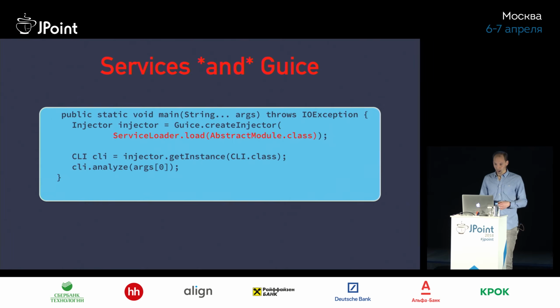And this way, we can change our bootstrapping code, in this case of the CLI module, to instead of directly referring to this common module and concate module, to actually call service loader load and say, okay, give me everything that implements this abstract module type of Juice, and use that to create the injector. And this way, we now finally have the decoupling that we want, and we can still use the injection that in this case Juice offers.